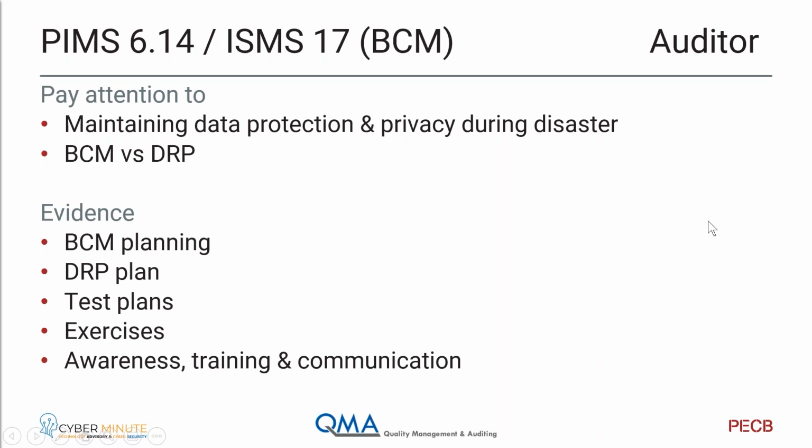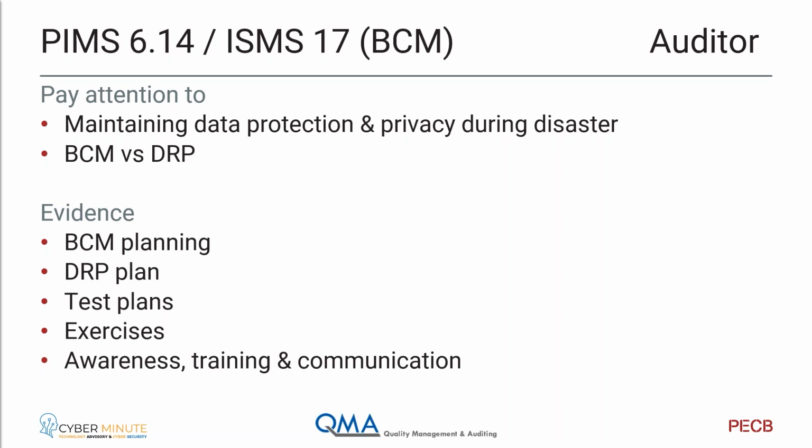Business continuity. What if things go wrong? With COVID-19, it's an interesting case. A lot of companies were suddenly forced to go into remote working mode. When having an ISMS or a PIMS, we expect you to think of this in advance. There's a separate standard for that, but we do touch it to some degree.